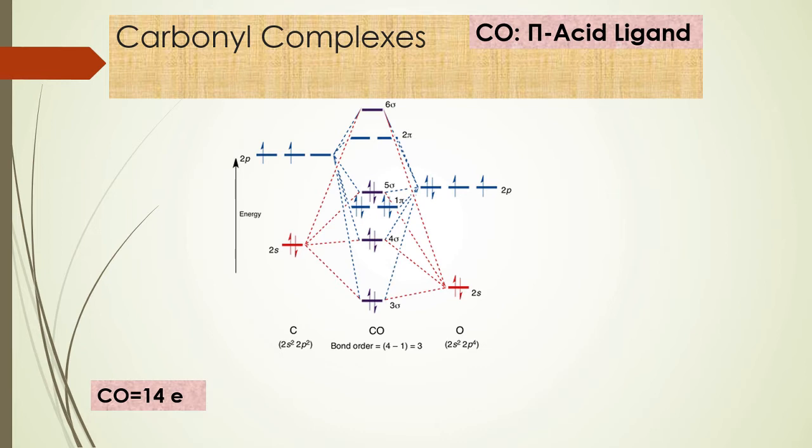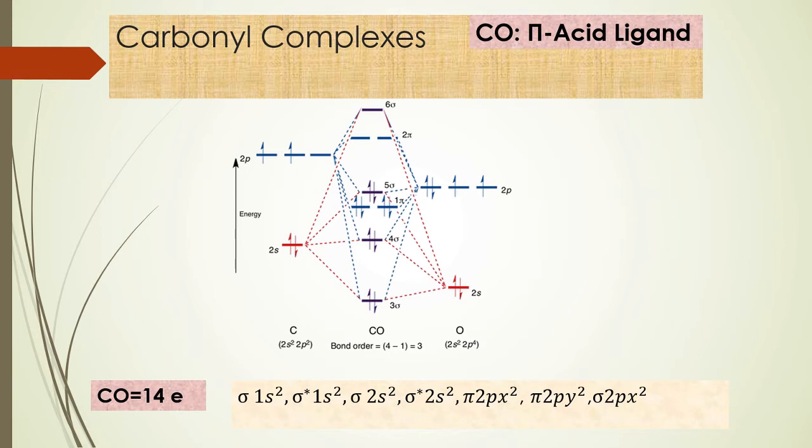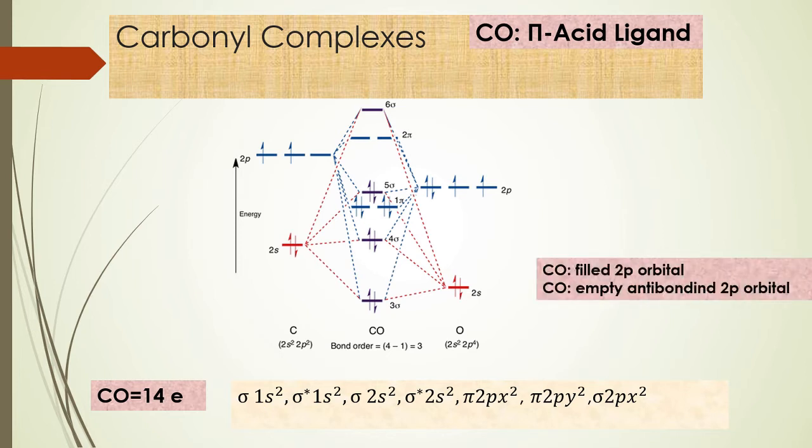According to molecular orbital theory, the electronic configuration of carbon monoxide is sigma 1s2, sigma star 1s2, sigma 2s2, sigma star 2s2, pi 2px2, pi 2py2, sigma 2pz2. So in carbon monoxide there are filled 2p orbitals and empty antibonding 2p orbitals.